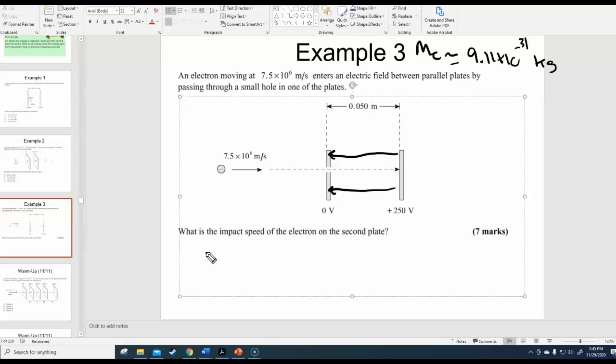Okay, really briefly, I will just outline what the work for this should look like. The work done by the field would be negative Q delta V. That would be negative 1.6 times 10 to the negative 19. The potential difference would be 250.